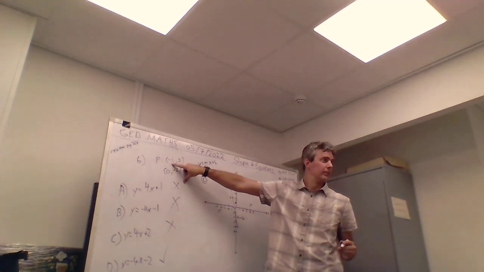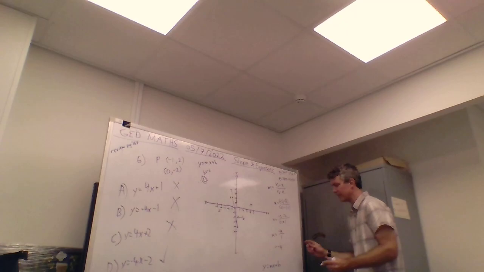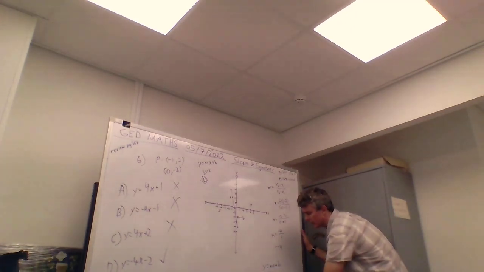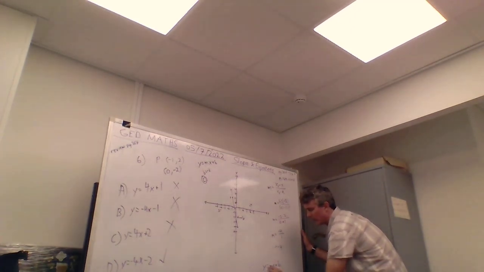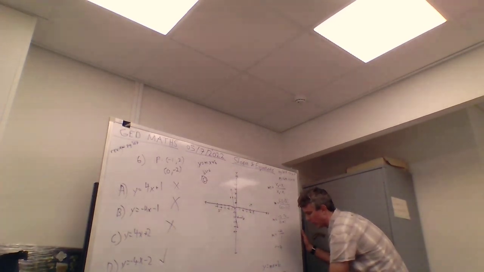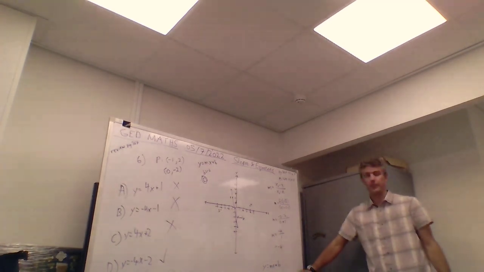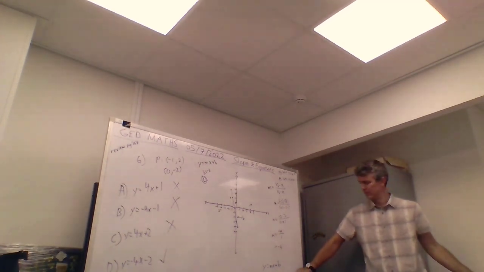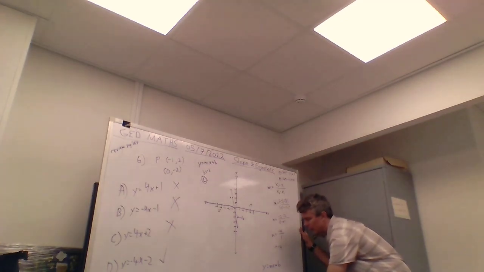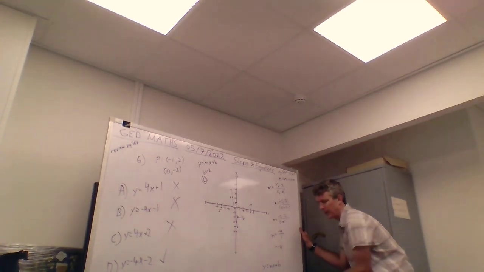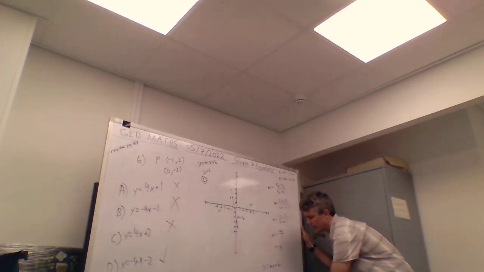And I substitute that into the equation. So y here is 2, m is minus 4, so minus 4 times x, which is minus 1, plus b. And now I solve for b, because b is the only unknown. So here we have 2 equals, what's minus 4 times minus 1? 4. 2 equals 4 plus b.